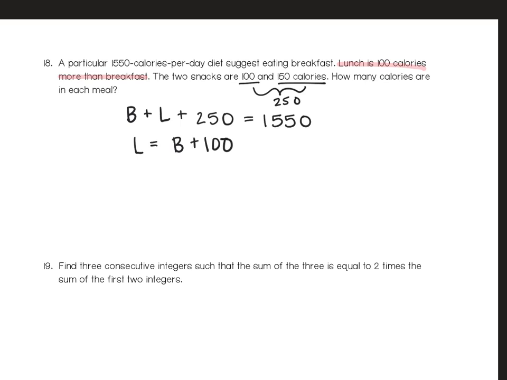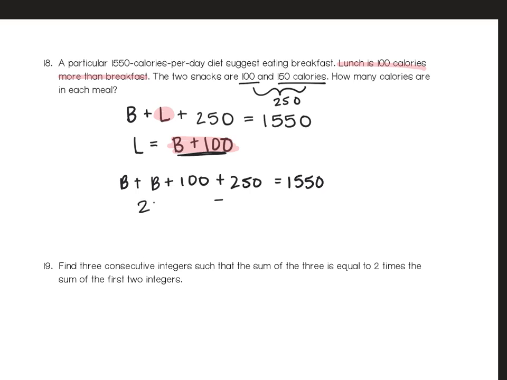Once I get these 2 equations, it's really easiest to just take this and plug it in for L and solve that way. So I have breakfast plus, I'm going to plug this in, B plus 100 plus 250 equals 1550. If I combine these, I get 350.